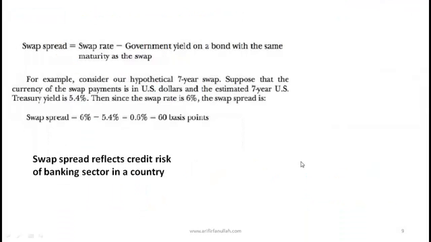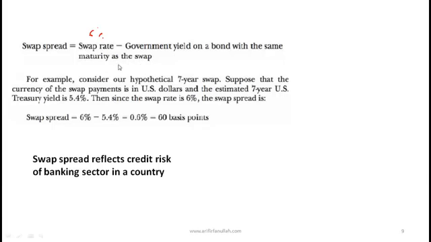Now what is a swap spread? Remember what a spread is? It's the difference in the yield between two bonds. In our example, the swap rate was 6%. The swap spread would be the swap rate minus the government yield on a bond with the same maturity as the swap.